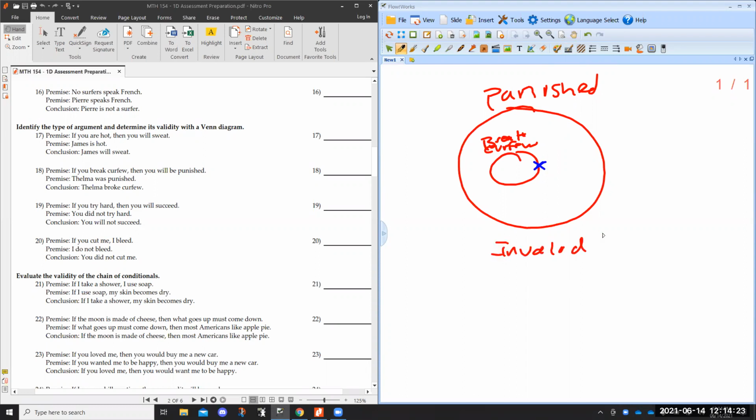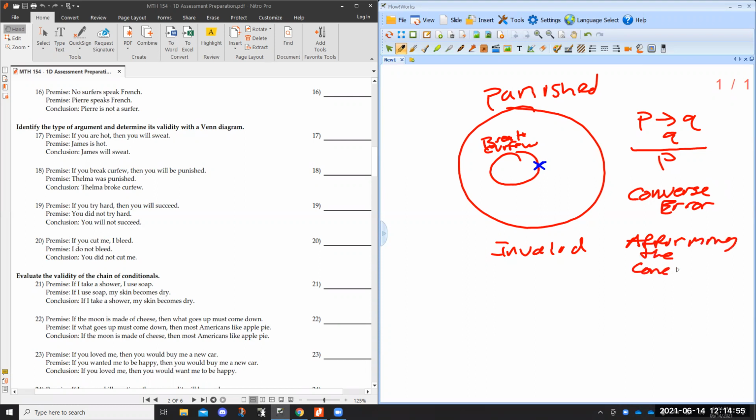This is the form of the argument here. So that is called a converse error. Your book calls this affirming the conclusion. And that's bad. Don't do that. It's an invalid argument.